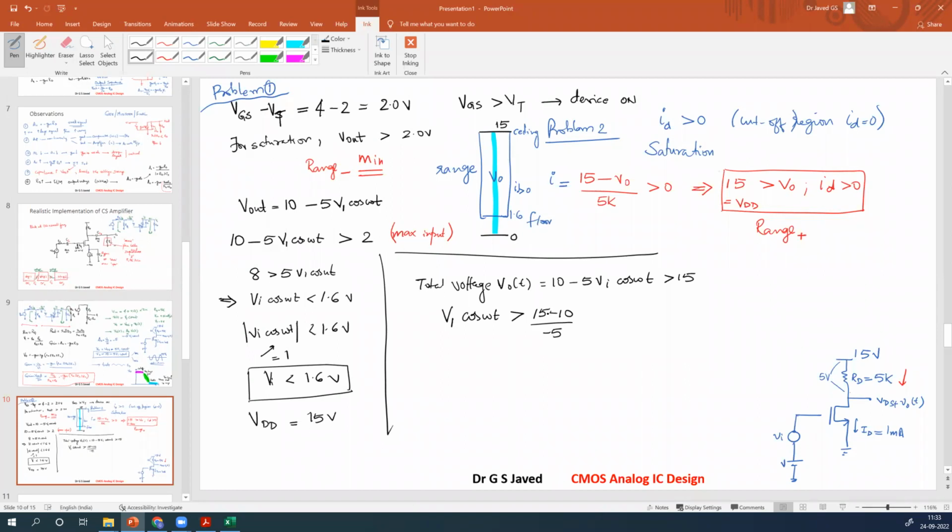What will be this value then? 5 divided by minus 5 is minus 1 volt. So the maximum value of Vi cos omega t is 1 volt. Now, since the maximum value of cos omega t is 1.0, the maximum value of Vi cos omega t will also be equal to 1. So that means your Vi in all conditions has to be less than 1 volt.